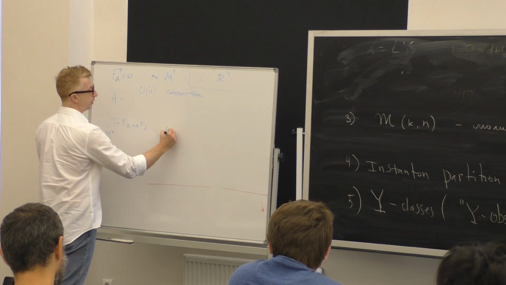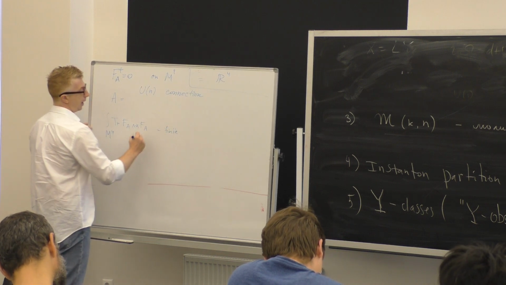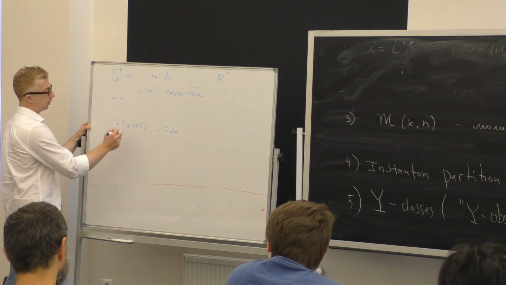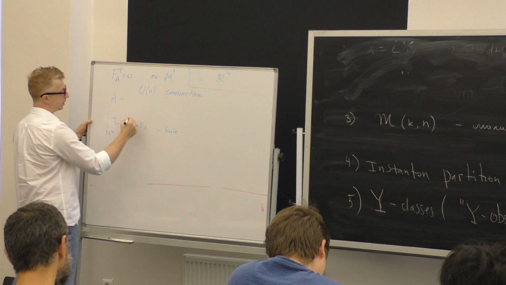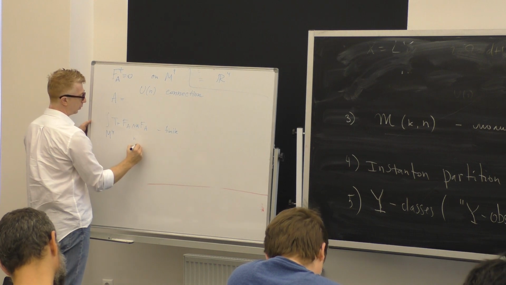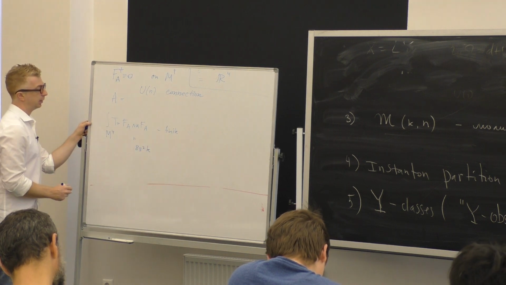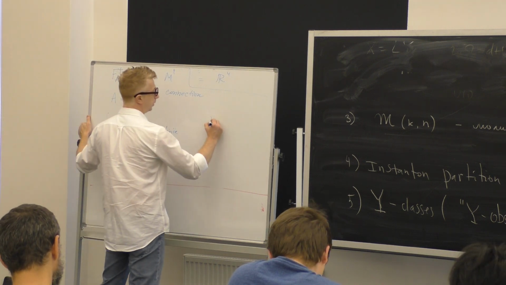So we want this action to be finite, and in fact it is, thanks to the self-duality equation. And by the self-duality equation, this is equal to 8 pi squared k, where k is the topological charge.